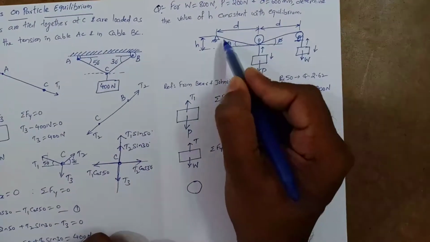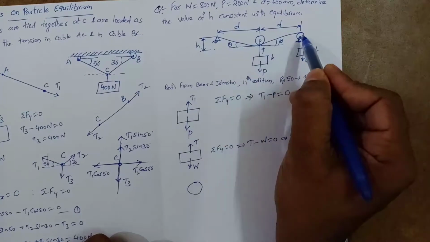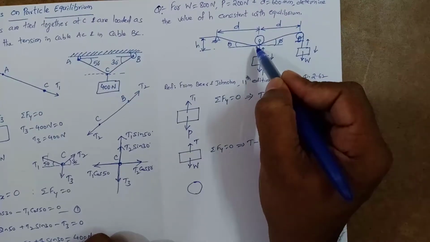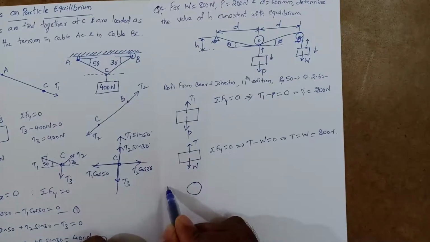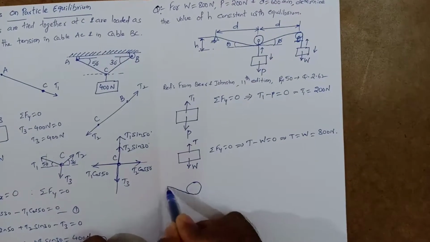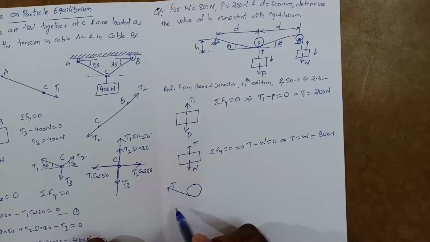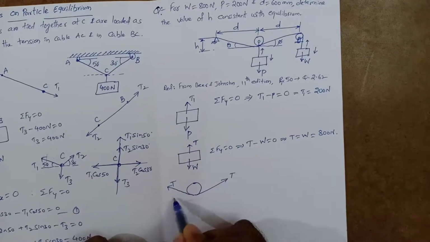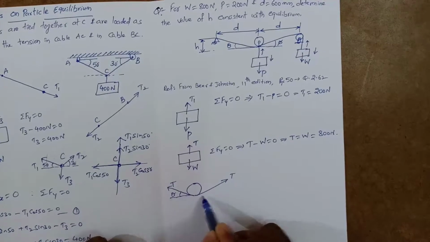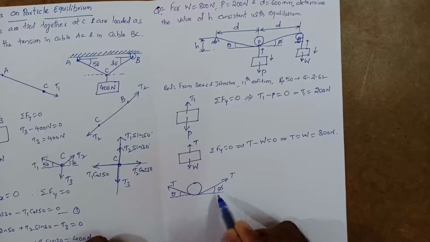Now here it's all one single cable, so the tension is only one tension, that is T. So this is T, and here also this is T, but this angle here is theta, this angle here is phi.